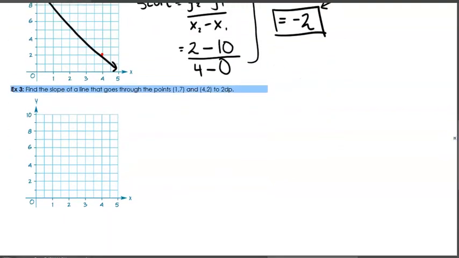Find the slope of a line that passes through (1, 7) and (4, 2). Label x1, y1. Now, some students will say, sir, when we do this, what happens if I accidentally label this one x2, y2 and this one x1, y1 and I put that into the formula here?